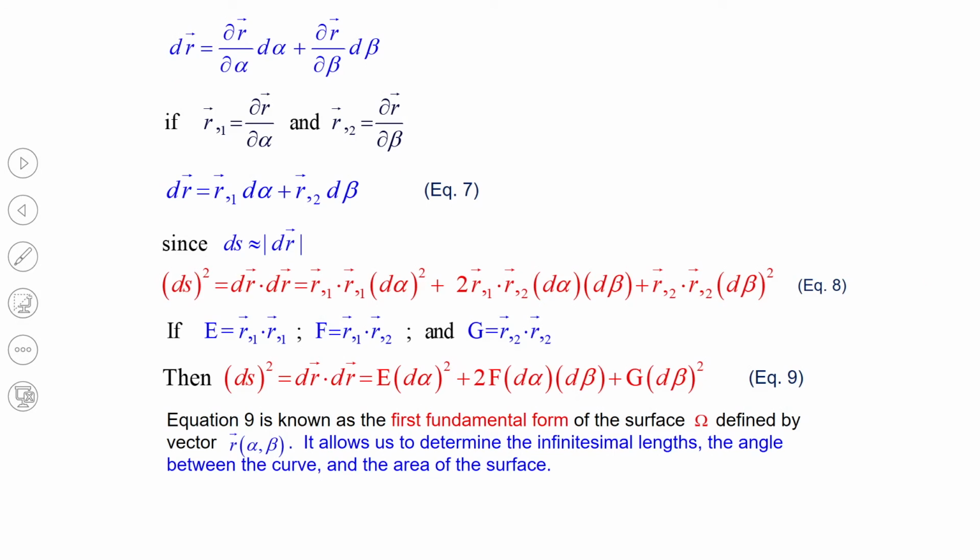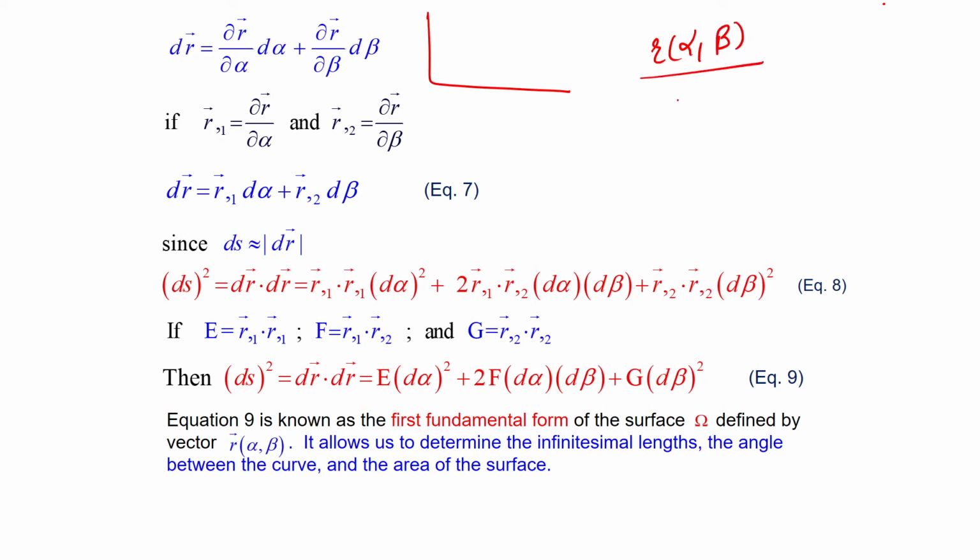So, dr can be found as del r by del alpha into d alpha plus del r by del beta into d beta. It is very simple. Using the chain rule of differentiation, r is a function of alpha and beta, so dr is dr by d alpha into the change in alpha plus dr by d beta into d beta.